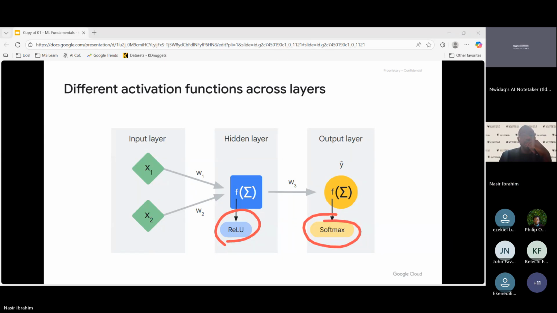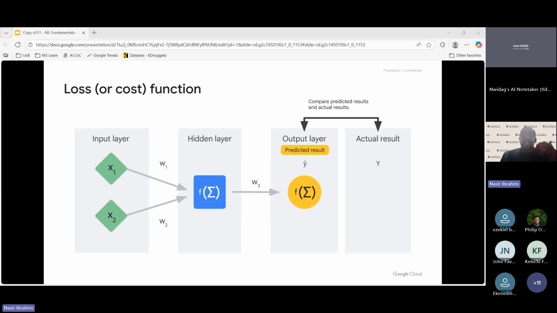Now, with the understanding of the activation function, based on the output you get your predicted output. How do you know if the result is correct? I touched on earlier that you actually have the actual result. So you compare the predicted result of your model with the actual, and see whether it is correct or not. You can use an assessment method called a loss function or a cost function to measure the difference between the actual and the predicted outcome.